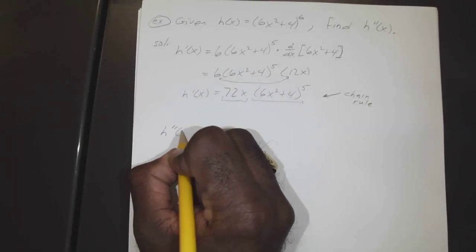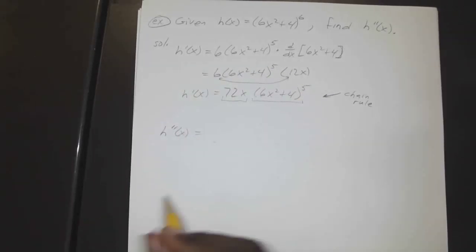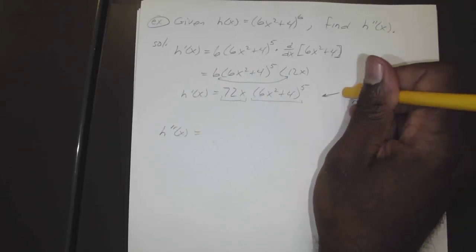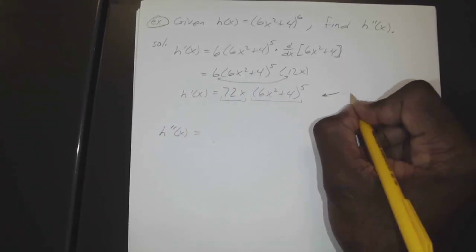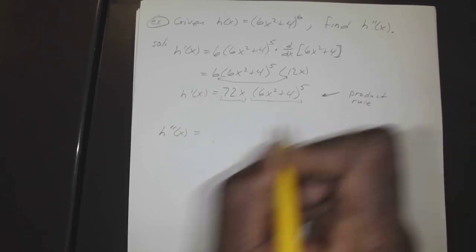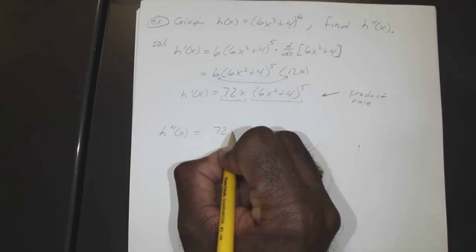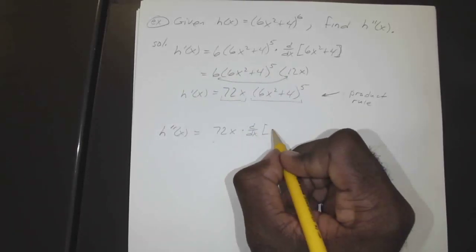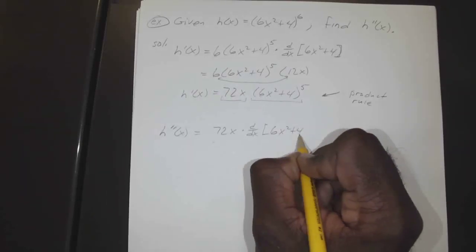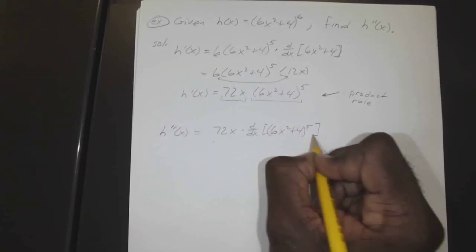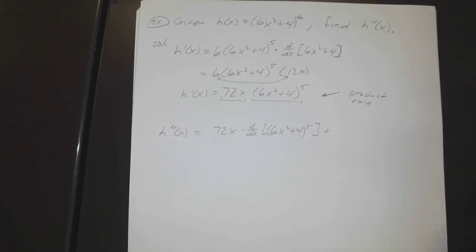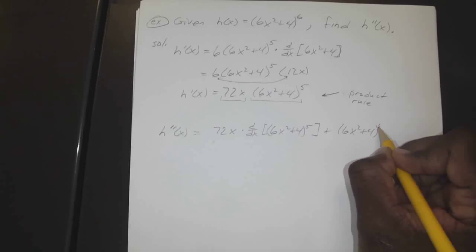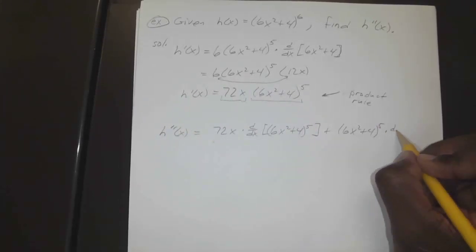So our second derivative is our first, 72x, times the derivative of our second, 6x squared plus 4 to the 5th, plus the second, 6x squared plus 4 to the 5th, times the derivative of the first.